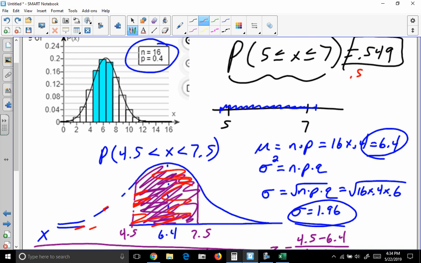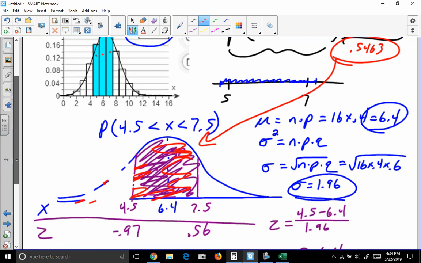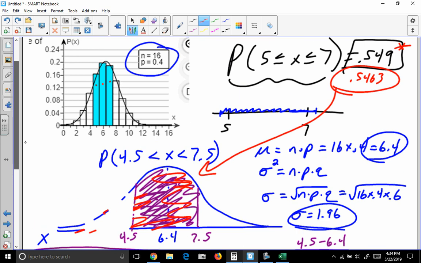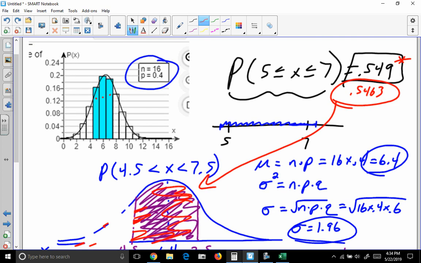That's very close to what our actual area was. This is our actual probability that we got from finding those probabilities. This is the area under that normal curve, which is an approximation of our probability. So in this case, it took about the same amount of time to do each one, but imagine that we had 50 or 90 or so of these bars that we had to add together.